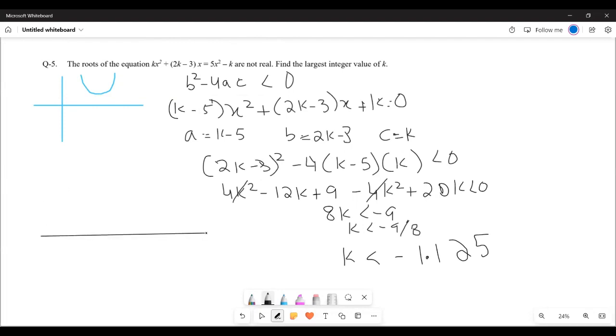Minus 2. Yes, you're right. Minus 1 is here, minus 2 is here, and minus 1.125 is somewhere over here. And we're talking about the greatest integer value which is smaller than this. So we have so many integer values smaller than this: minus 2, minus 3, minus 4. The biggest of those is minus 2. So yes, k should be equal to minus 2, which is the correct answer.